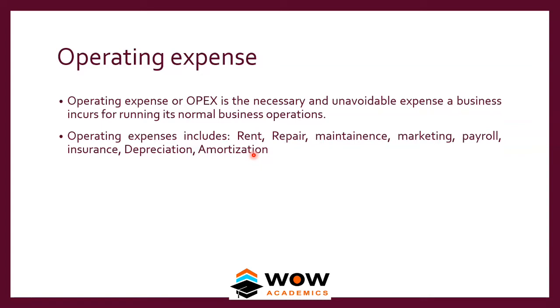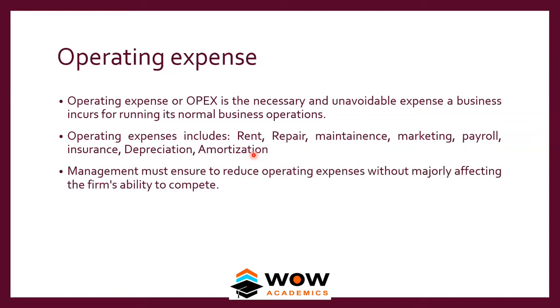It includes all non-production expenses. Management must ensure to reduce operating expenses without majorly affecting the firm's ability to compete. So the company has to try to reduce these costs, but not affect the quality of the business.